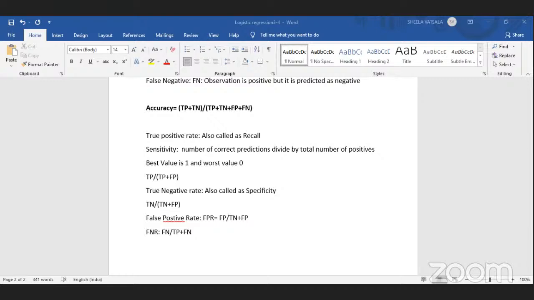So in this, we will also come across something called type 1 error and type 2 error. What is type 1 error and type 2 error?